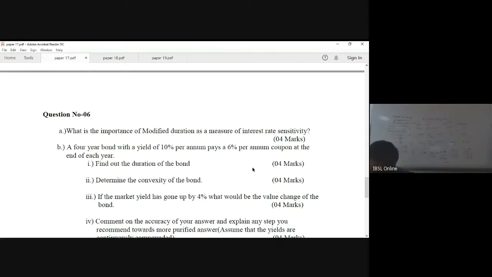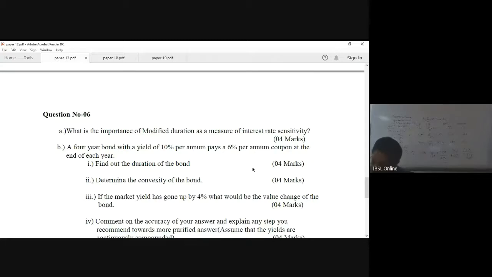In the second year, it would be e to the power minus 0.2 into 60. That is 49.1238. In the third year, e to the power minus 0.3 into 60.